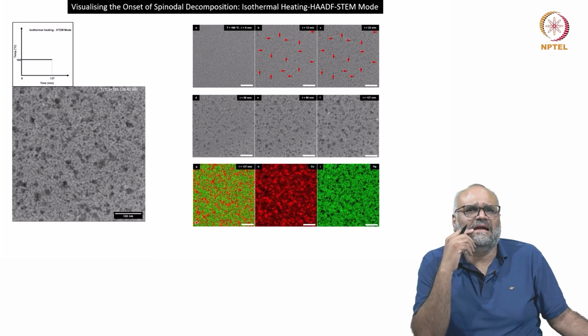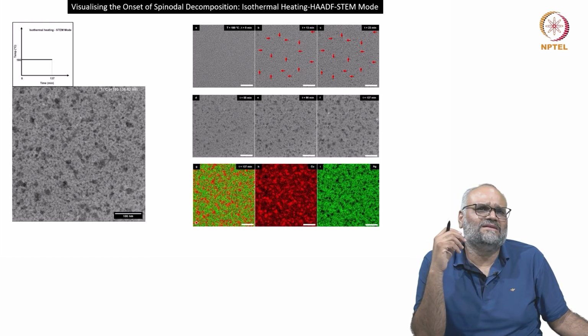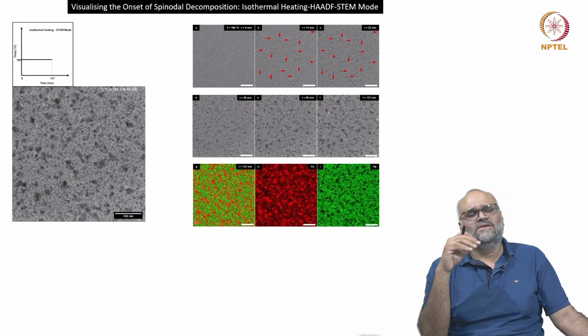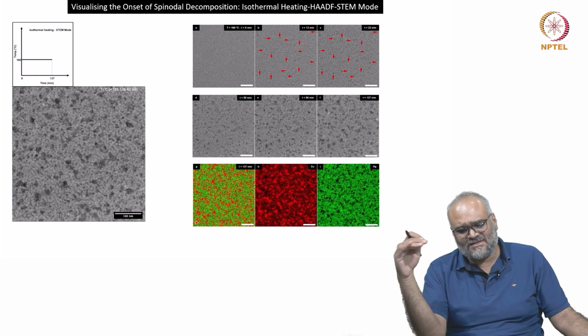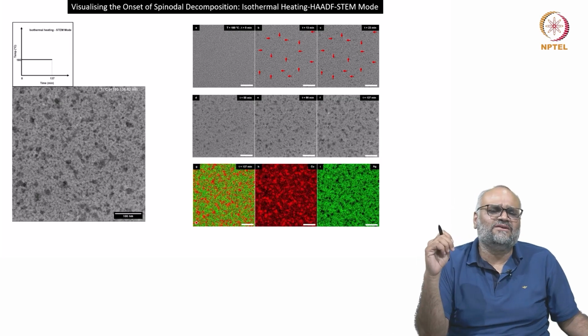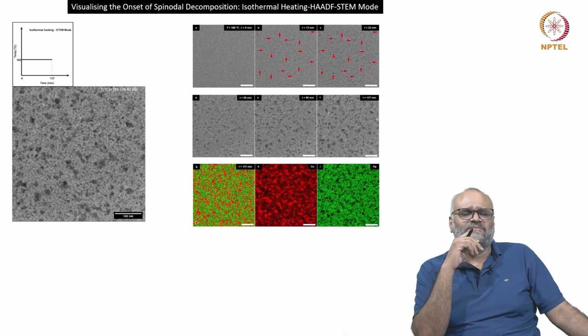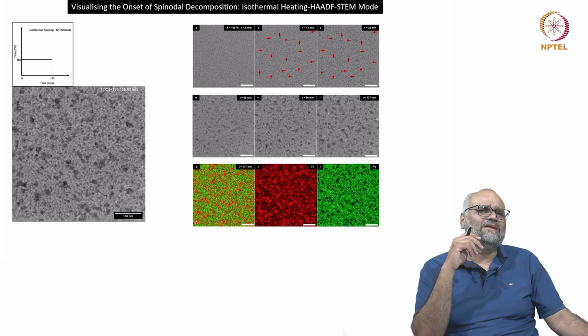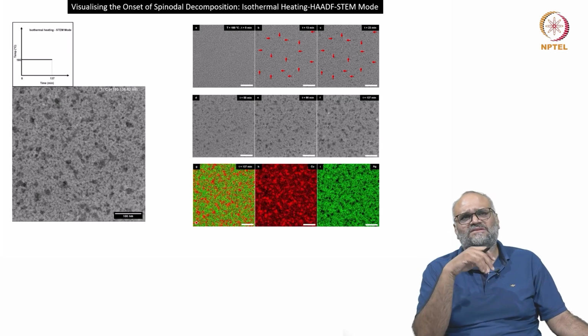and this is how the phase separation is proceeding. And what we did is we tried to check if the sizes of these domains are corresponding to the spinodal wavelength, and we also wanted to verify whether there is uphill diffusion here.